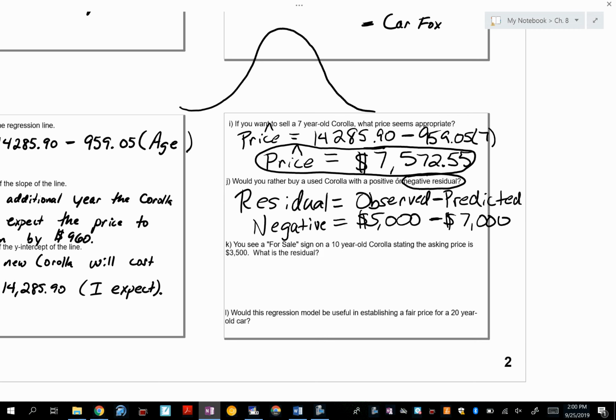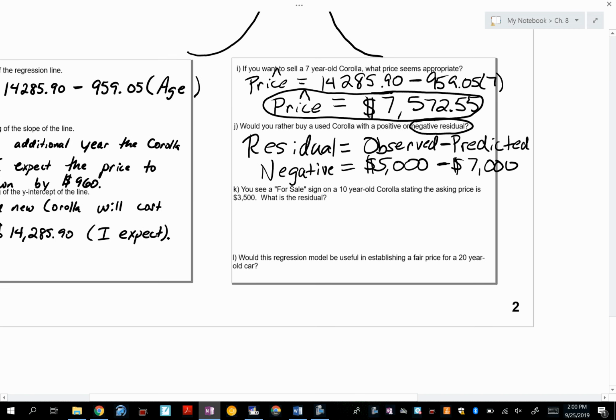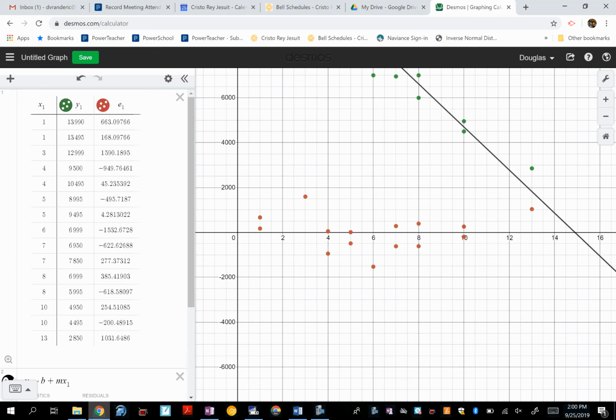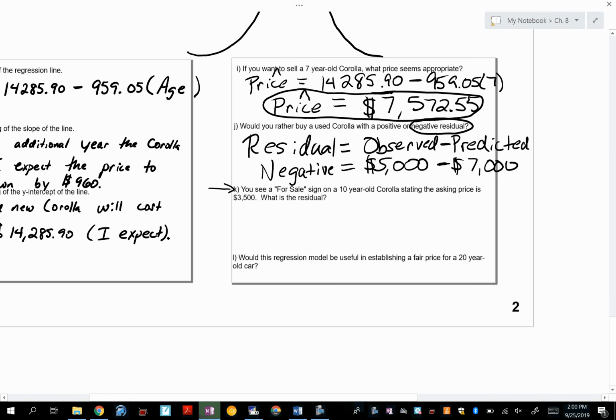Let's do L. I really don't, but now that you say that, yes, I do. So L, would this regression model be useful in establishing a fair price for a 20-year-old car? I know, right? And that's what everyone always says, just plug in 20. But what was our oldest car? 13. So a 20-year-old car is something that's called extrapolation.